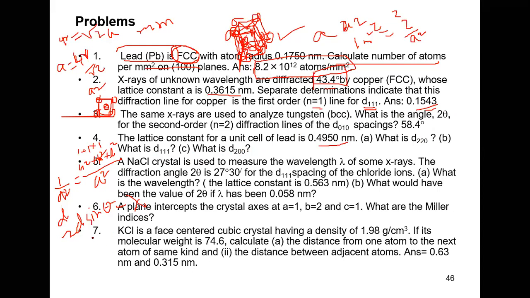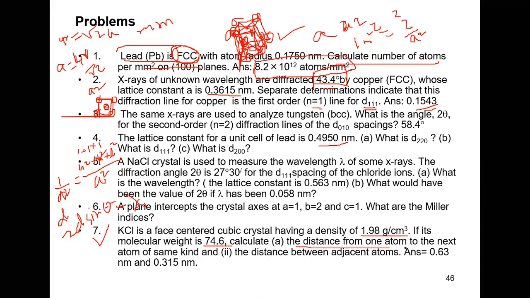And then if I solve number 7, potassium chloride is a face-centered cubic crystal having density 1.98 gram per centimeter cube. And if its molecular weight is this, calculate the distance from one atom to the next atom of the same kind.